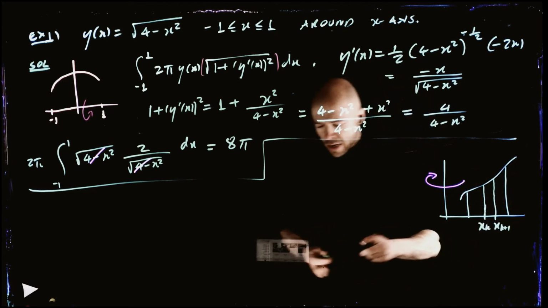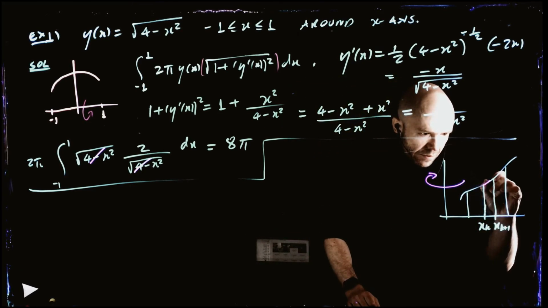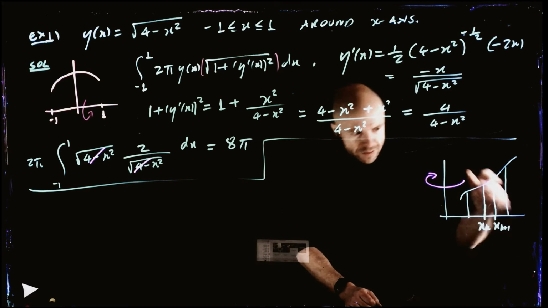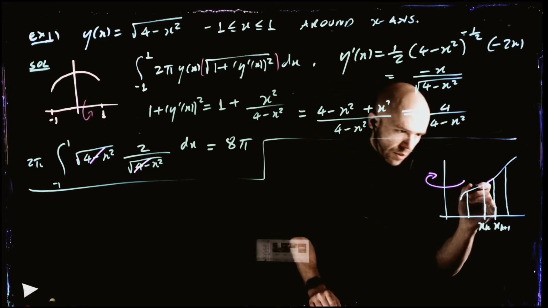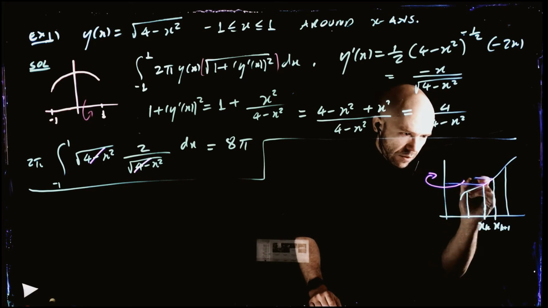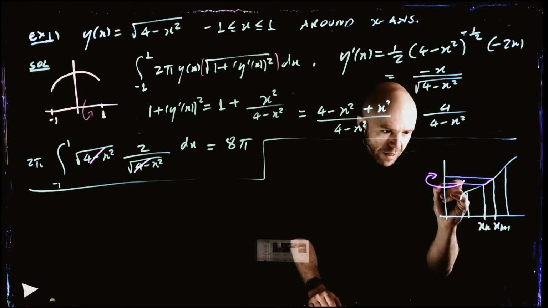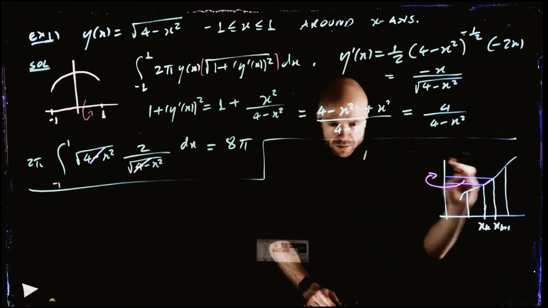But now, this little piece here is not rotated around the x-axis, it's rotated around the y. So we have a strip which is looking like this, rotated around the y-axis. Can you see what I mean?